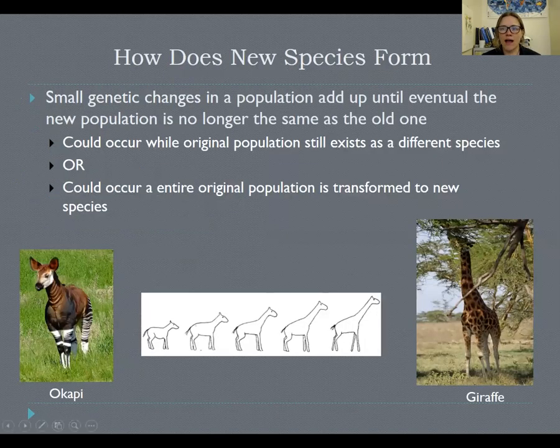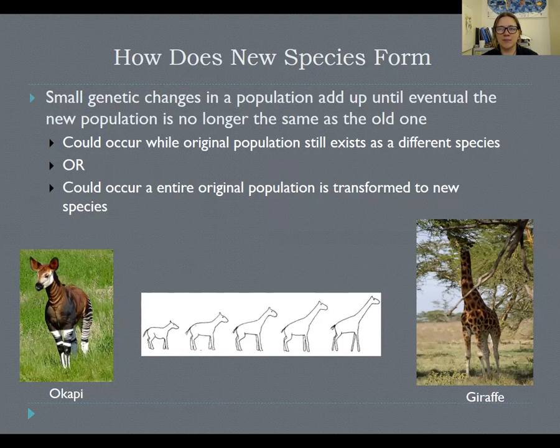Okay, so another example of how this would be is that we have some sort of common ancestor population, and it starts to experience these different genetic changes due to natural selection pressures.